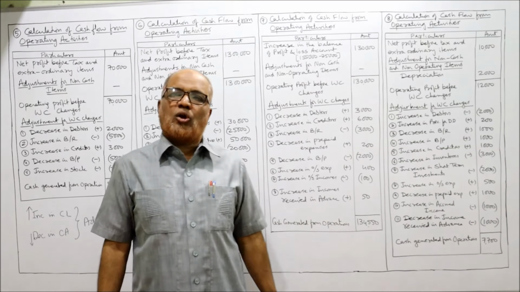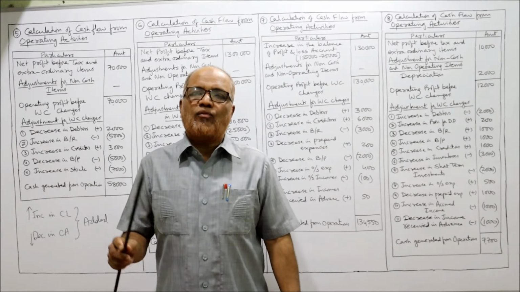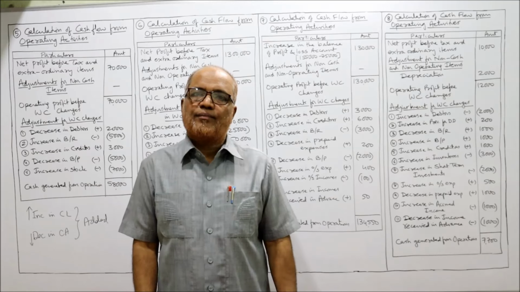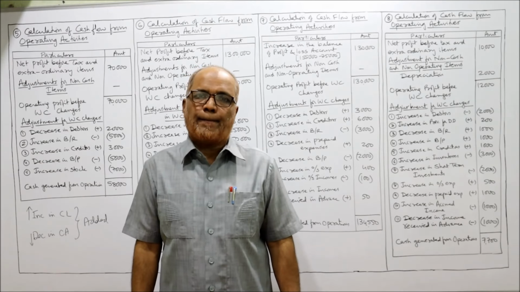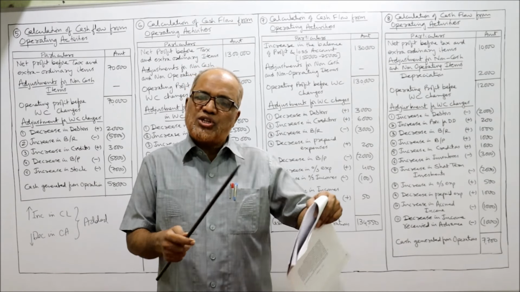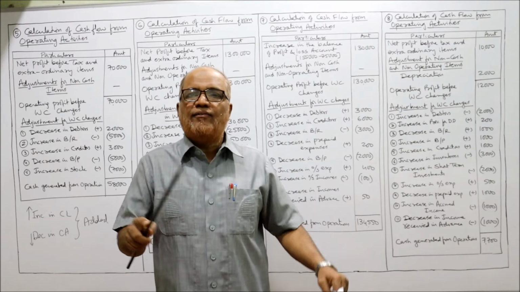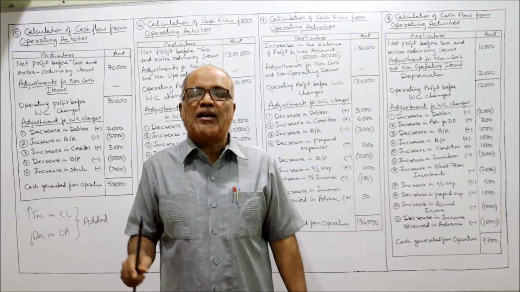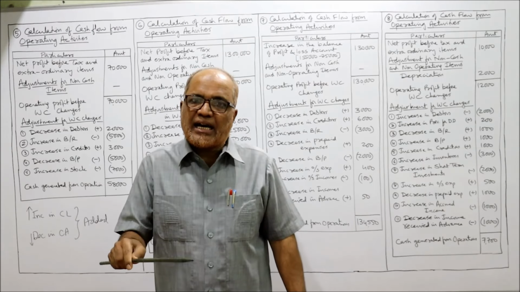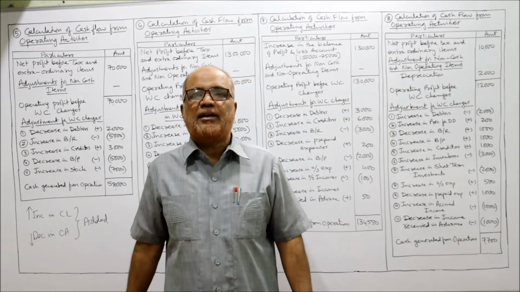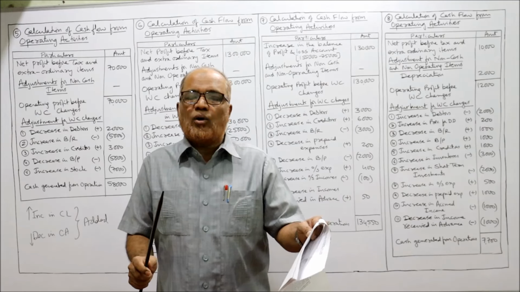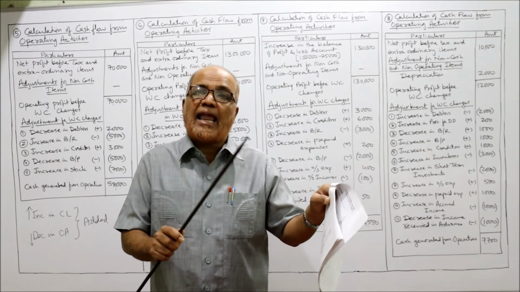Secondly, provision for doubtful debts. Actually, provision for doubtful debts will be deducted from debtors. It will be treated as a current liability. So instead of showing on the liability side, we are deducting the provision for doubtful debts from debtors. So actually it will show a credit balance, it should be treated as a liability.